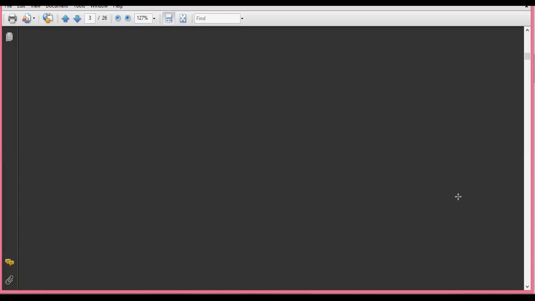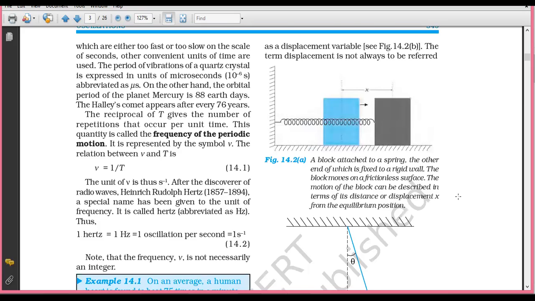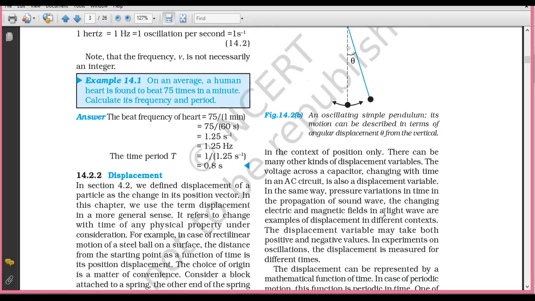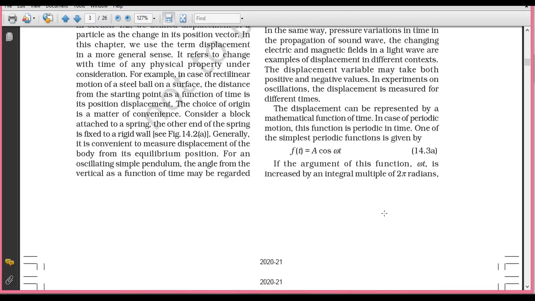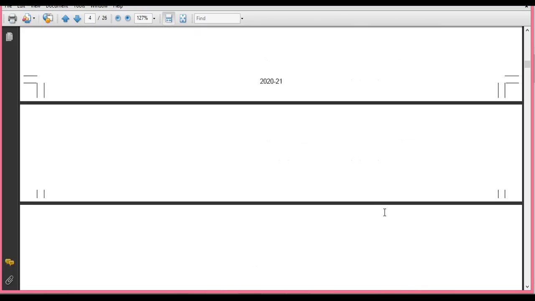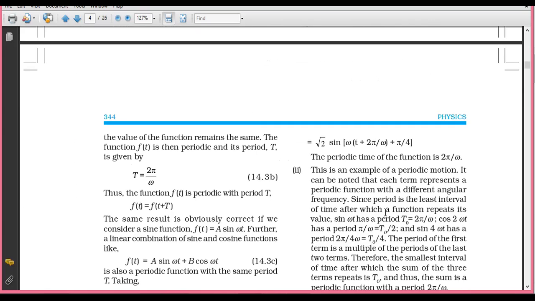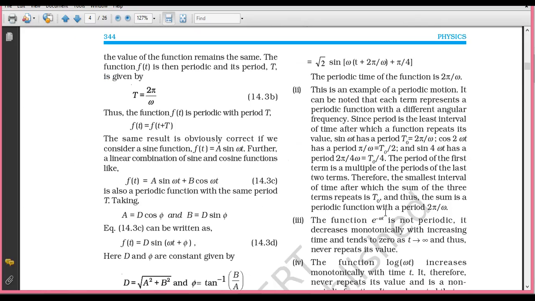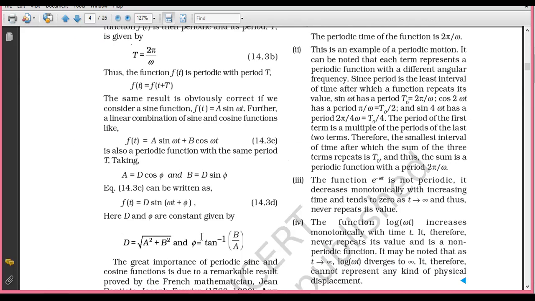Frequency, we talked about this pendulum. A cos omega t, right? We talked about it, 2 pi by omega. I think this is coming later. We will discuss this later.